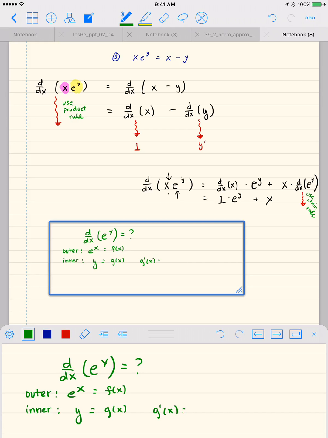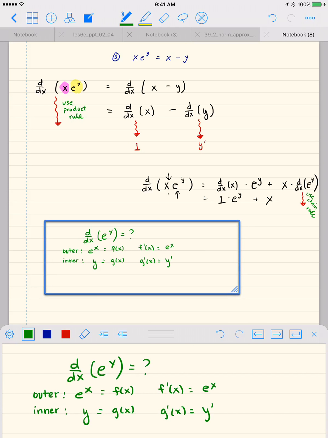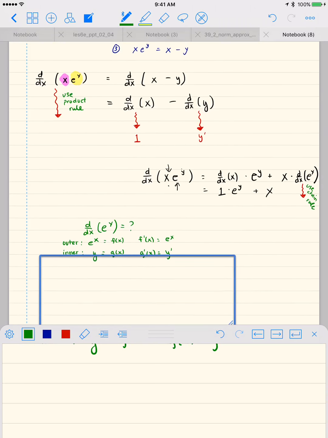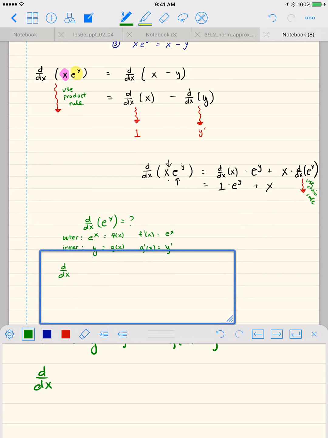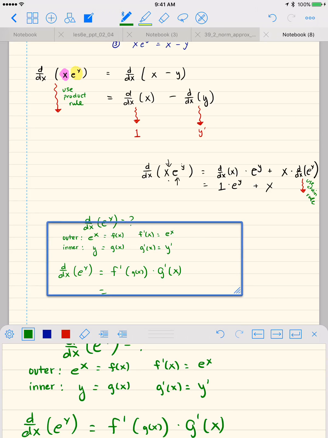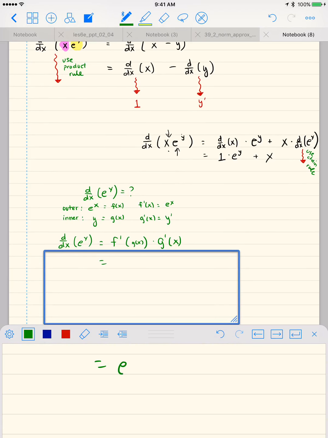So g prime of x is just going to be y prime, and f prime of x is just going to be e to the x. So my derivative of e to the y is going to be f prime of g of x times g prime of x. The f prime of g of x is going to be e to the g of x times, what is g prime of x? y prime. What is g of x? y. So we'll have e to the y times y prime.